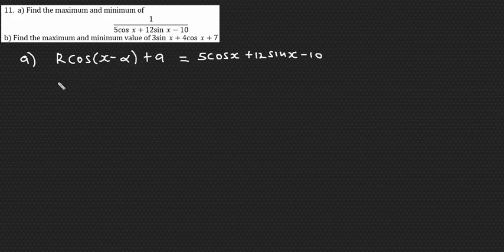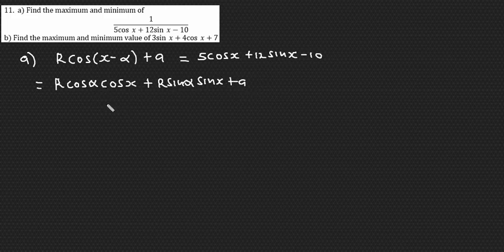So if we expand this, we shall get r cos alpha cos x, plus, because when there is a minus on cos, here we use a plus, then we can get r sin alpha sin x. So we are now comparing plus a.